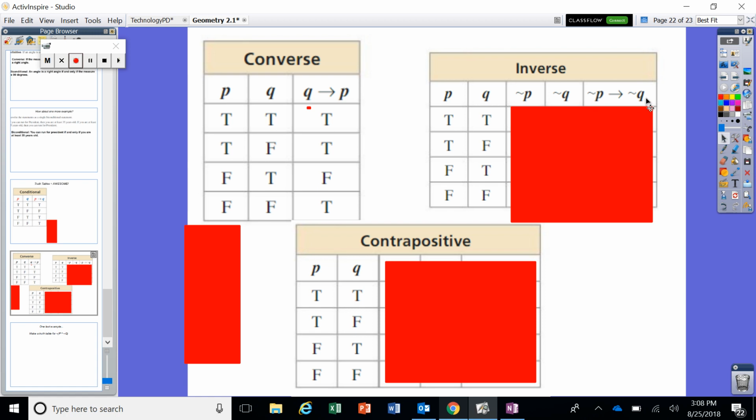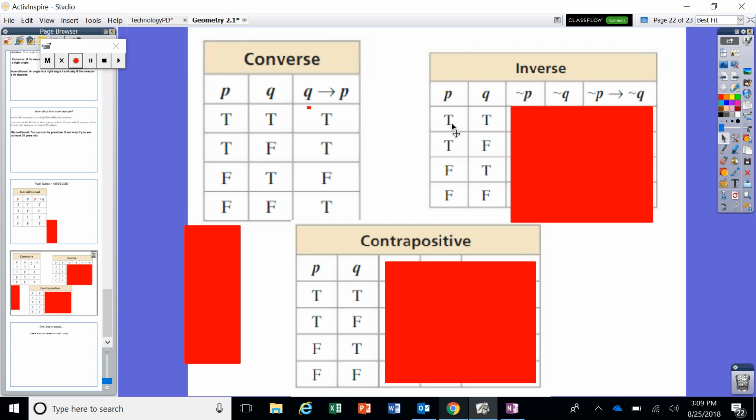If you look at your statement, not P implies not Q, you see that there is a not P and a not Q involved. You have to include those in the truth columns. Before I can make a statement about not P implies not Q, I have to actually find out what not P and what not Q actually are. So let's go ahead and do that.